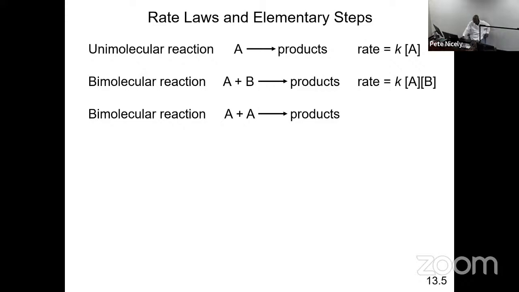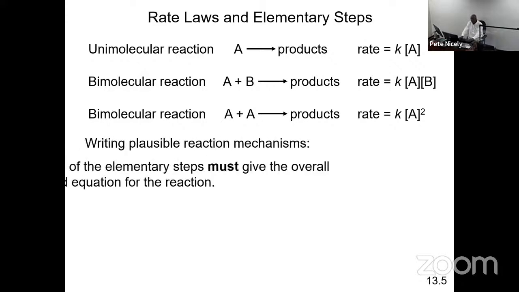In that case, the rate law for that step would be rate is equal to k times the concentration of A squared, all right? So basically you can tell just by the reactant numbers in the elementary steps what the rate law is. Please note that this is true only for elementary steps. It's not true for the overall reaction, right? This is true only for the elementary steps.